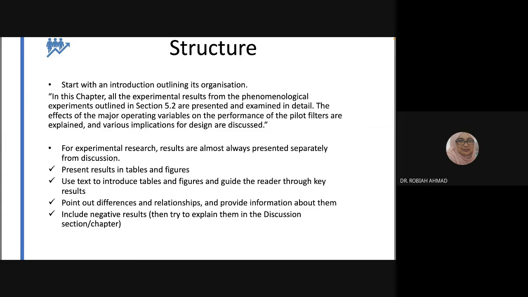Okay, now how do you want to structure your chapter 4? Selalunya in any chapter, because we will discuss later in our next final class, every chapter should start with an introduction.